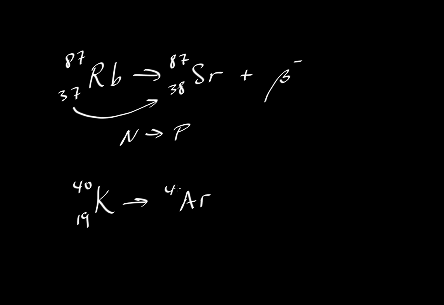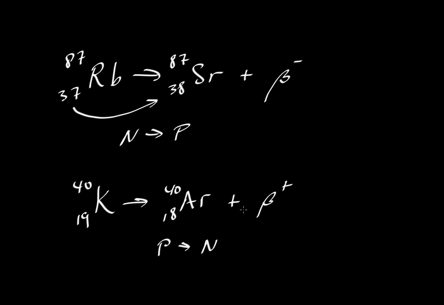And what kind of decay would this be? You can pause for a moment if you'd like to take a look at the numbers and take a guess. Well, this would be positron decay, where a proton converts into a neutron.